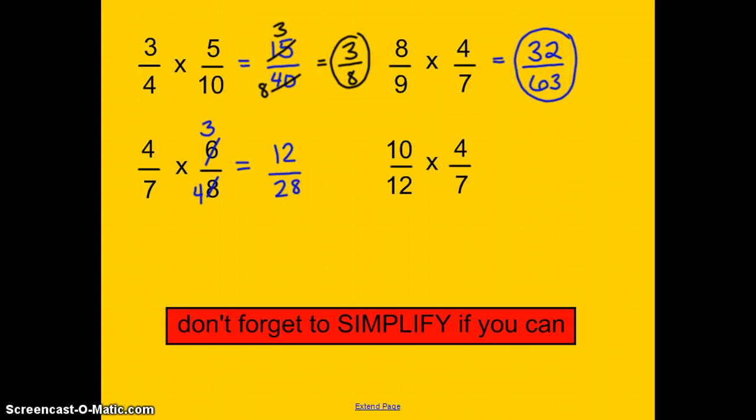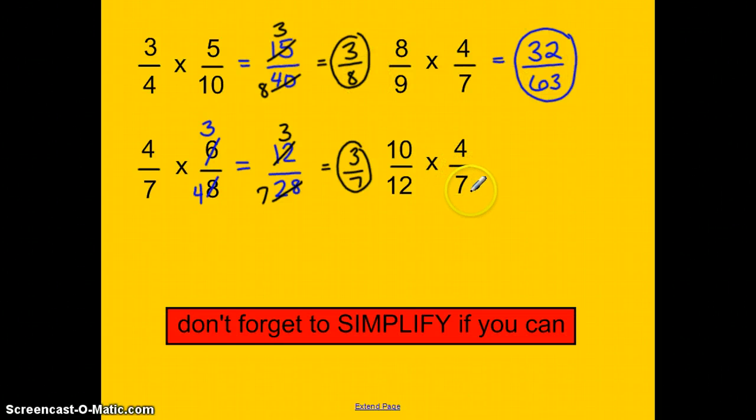Now we still have to simplify because I happen to know that 4 goes into 12 3 times, and 4 goes into 28 7 times, so the answer is 3/7. But what that did was it made the numbers that we had to simplify over here smaller. They would have been much bigger if we had started with our original problem.